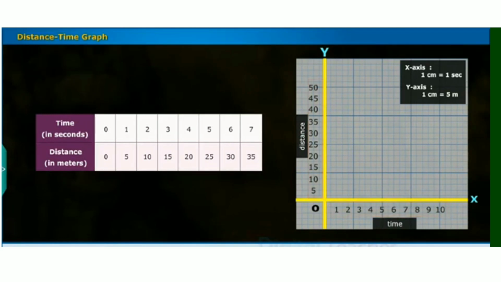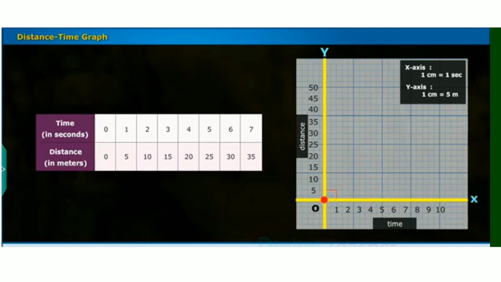To mark the set of values 0, 0, look at 0 on the x-axis and 0 on the y-axis. This point is the origin. To mark a point for the set of values 1, 5, look for 1 on the x-axis and draw a line parallel to the y-axis passing through this point.